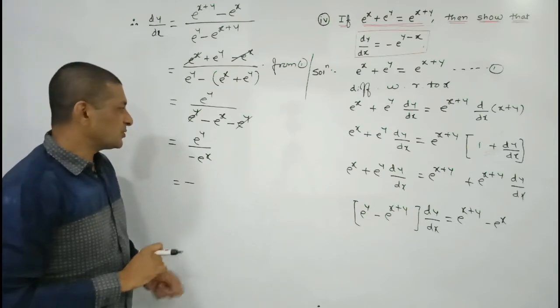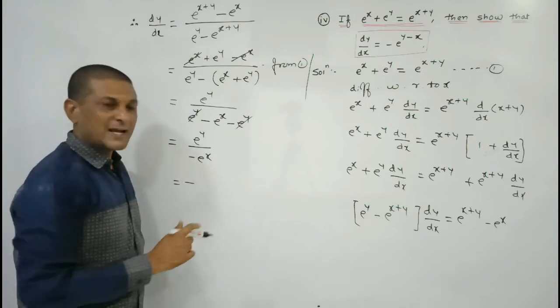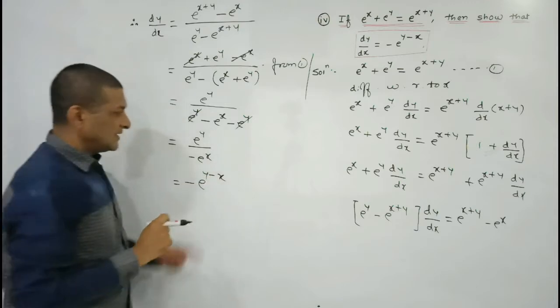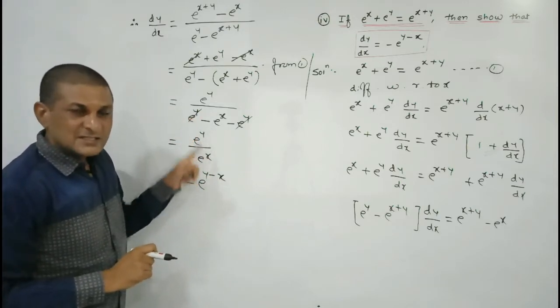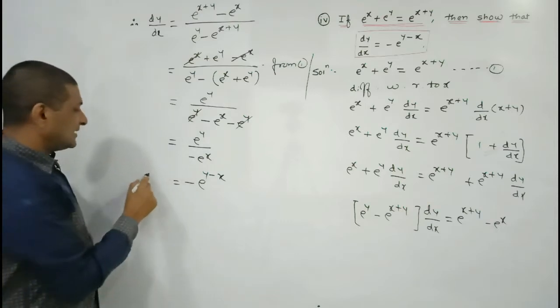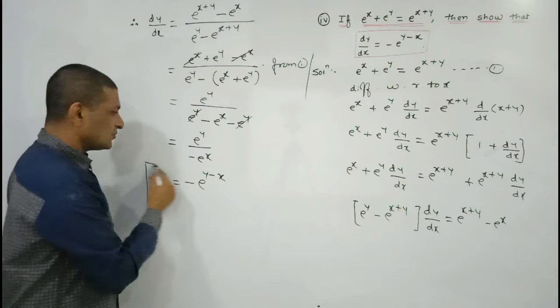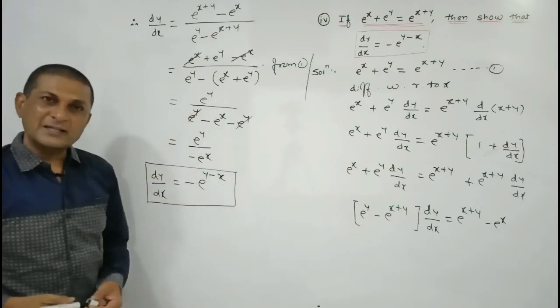E raised to power y divided by e raised to power x will be equal to e raised to power y minus x. If bases are same, in case of division we are taking subtraction of the power, and this is nothing but the value of dy by dx. In this way we have got our required value of dy by dx.